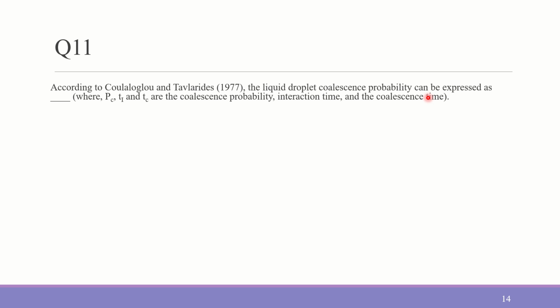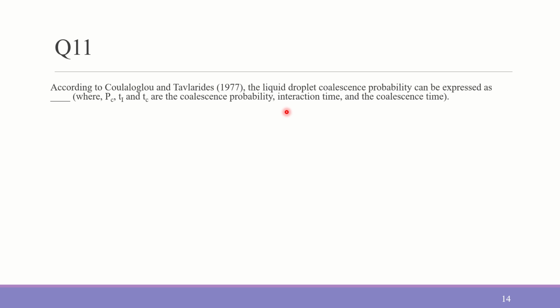So we are asked to find the equation for PC, and in that equation the other terms are Ti, the interaction time, and Tc, the coalescence time.